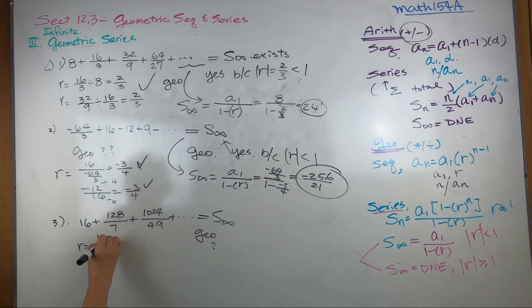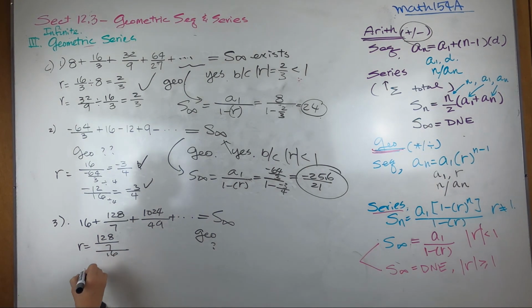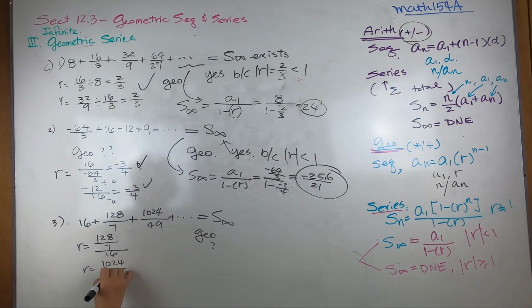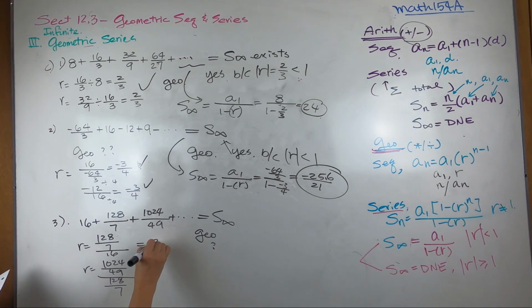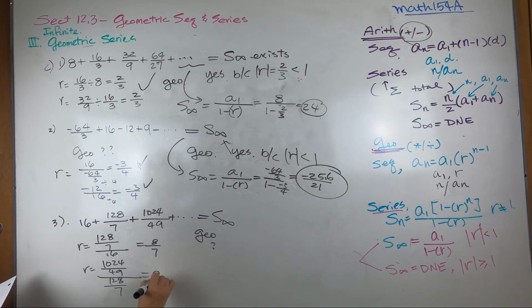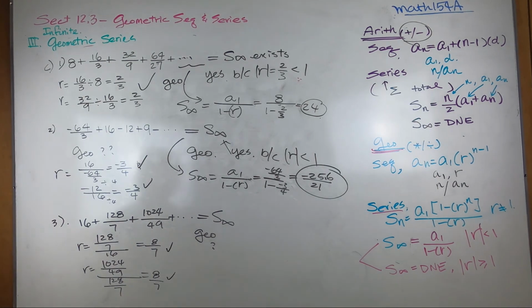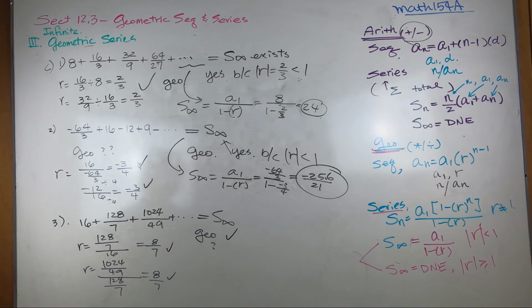So R is 128/7 divided by 16, right? Or R is 1024/49 divided by 128/7. Then we find out both are 8/7. So we do have a geometric sequence.